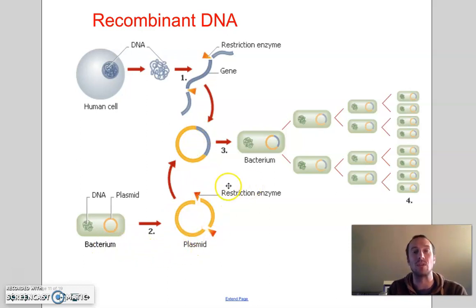Well, guess what? We use the same restriction enzyme to cut into this bacterial plasmid, which is just a circular piece of DNA inside a bacteria, as we did to cut into the chromosome. And because we did that, we'll have the same ends, right? The same sticky ends.